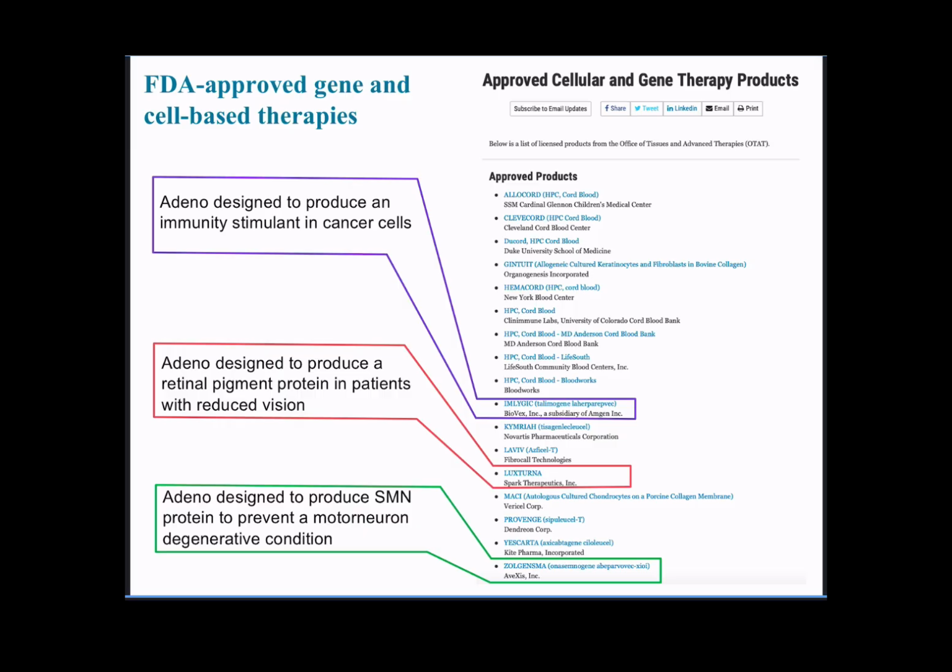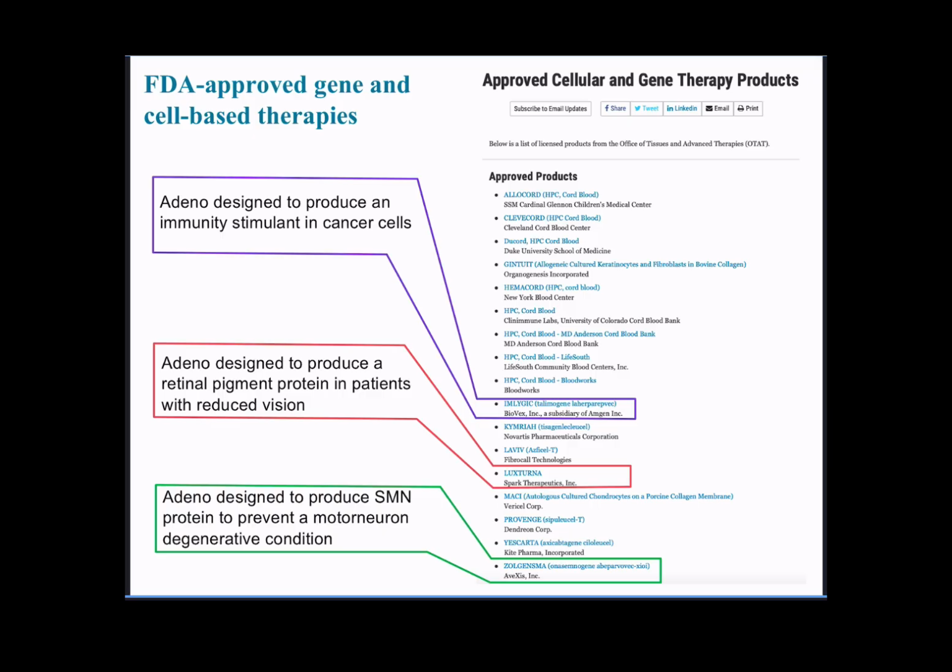Here's a relatively updated list of gene or cell therapy approaches that have been approved by the FDA. And the ones that I highlight here are examples of conditions treated with adenoviruses nowadays. So here we have an adenovirus that is designed to produce an immunity stimulant in cancer cells.